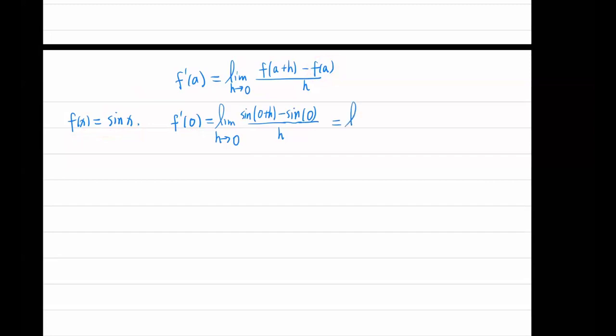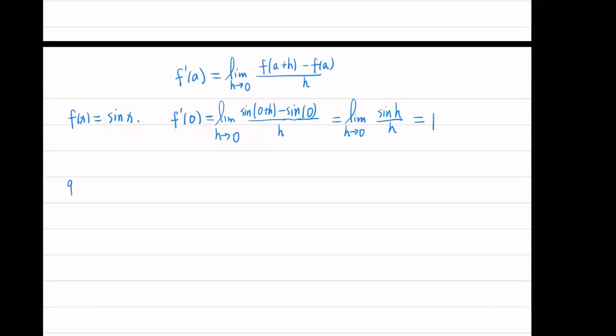So we get sine h over h. What's the limit? 1. So the derivative of the sine function at 0 is 1.